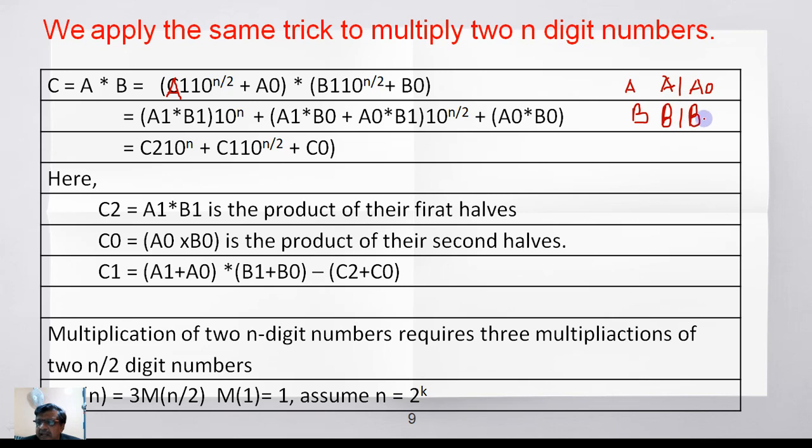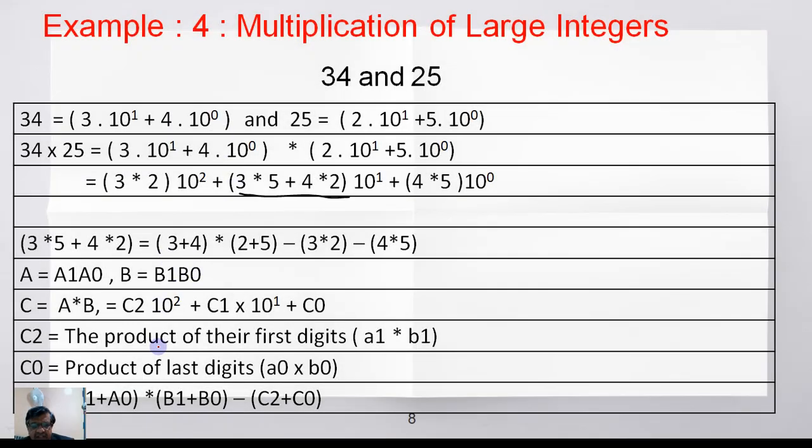b1 is the first n by 2 digits, and b0 is the last n by 2 digits. Anyway, a1 into b1 into 10 to the power of n is similar to this one: first half of the digits into 10 to the power of 2, because they are 2-digit numbers.